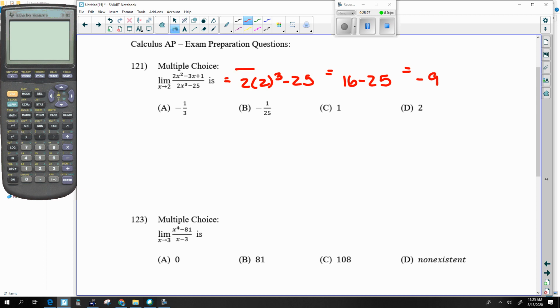Right. And the numerator is 2 plus 1, so that's 4, 8 minus 6 plus 1. So that's what, 3?